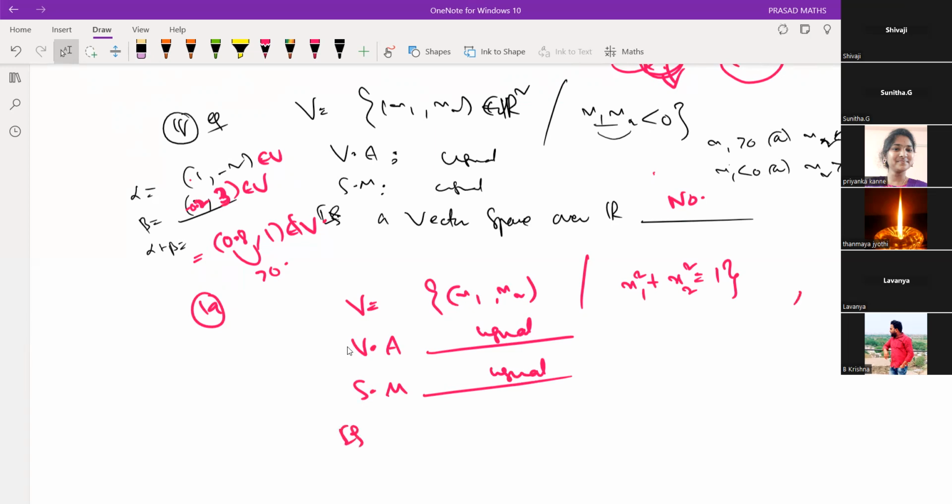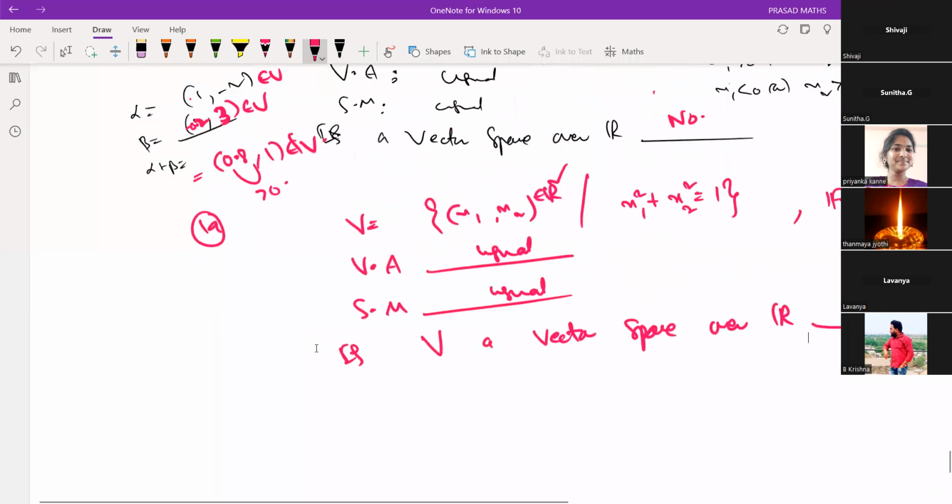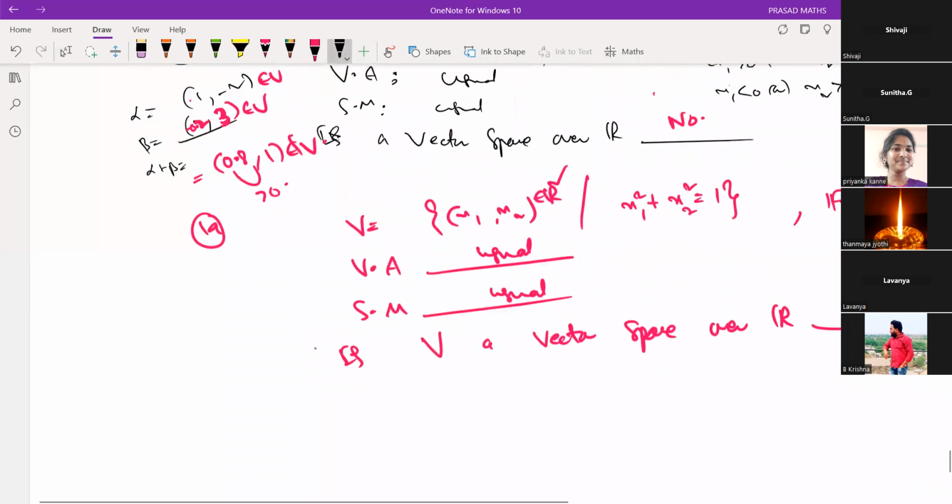V equals R2, the set of all ordered pairs (x1, x2) with x1 square plus x2 square equals 1. That's a circle, the unit circle centered at the origin. Is it a vector space? First, does it satisfy the closure property?